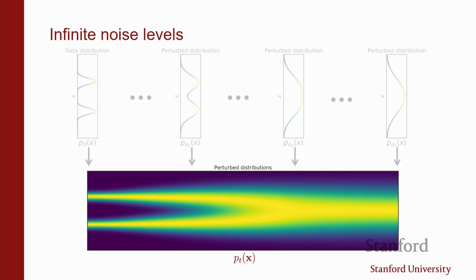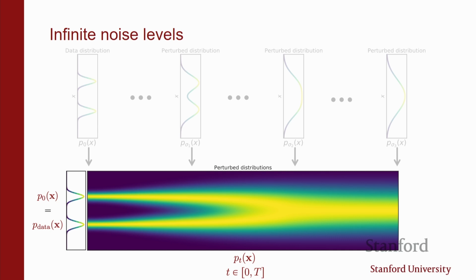And so you can think of what we were doing before as selecting 1,000 different slices here and modeling those data distributions. But really, there is an infinite number of them. And that perspective is actually quite useful, as we'll see.